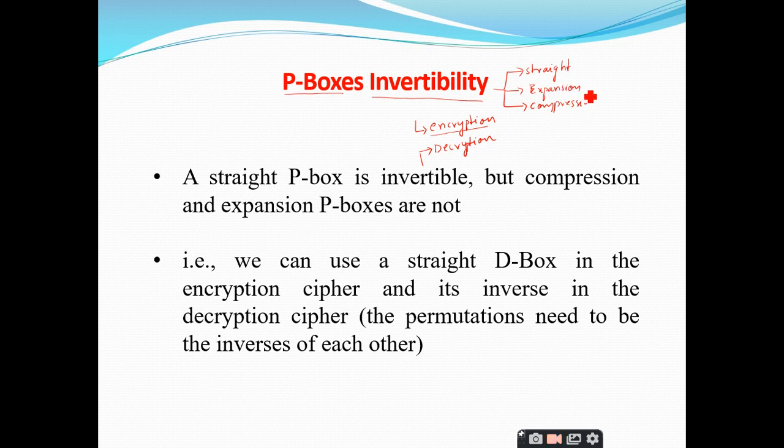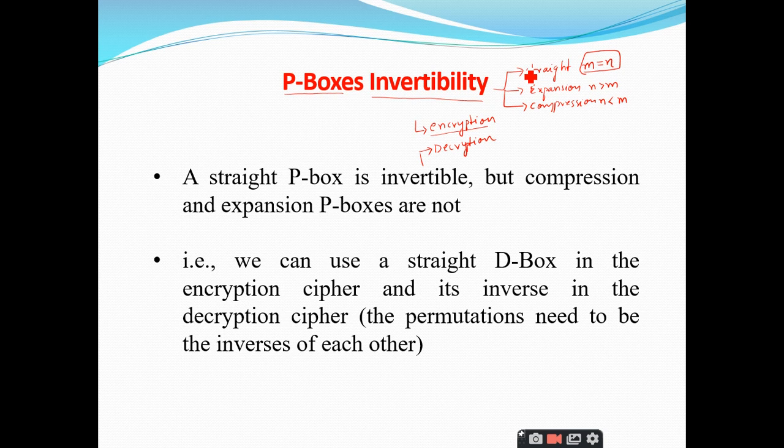Expansion P boxes means the number of outputs is greater than the number of inputs, and compression P boxes is where the number of outputs is less. Whereas in this one, the number of inputs is equal to the number of outputs. So whenever we have an equal number of inputs and outputs, then only they are invertible, right?